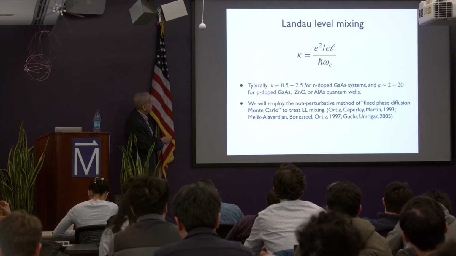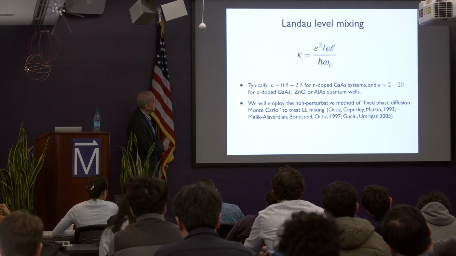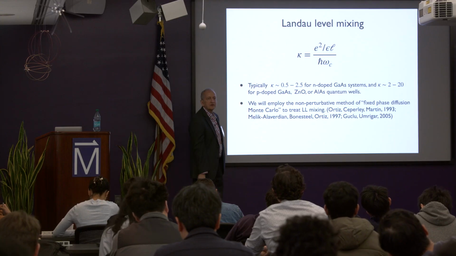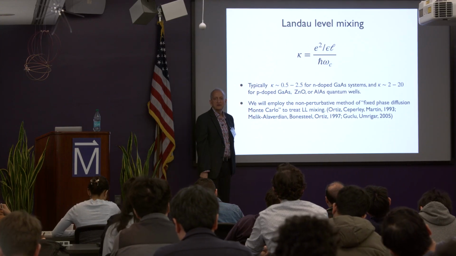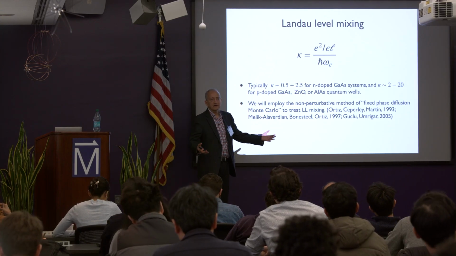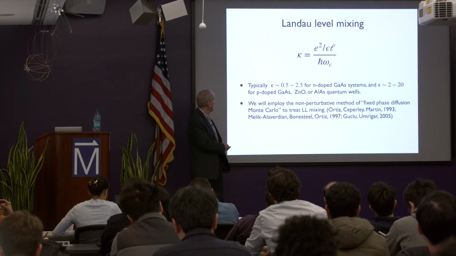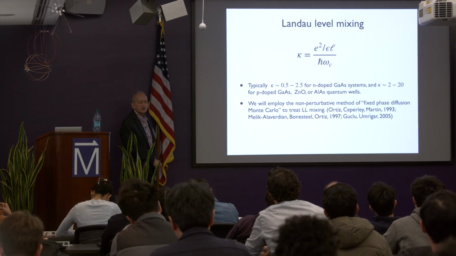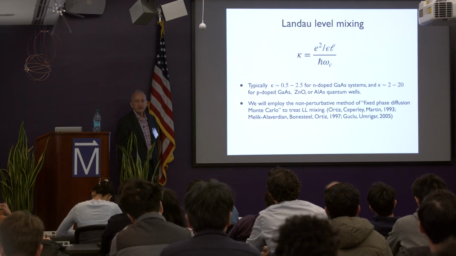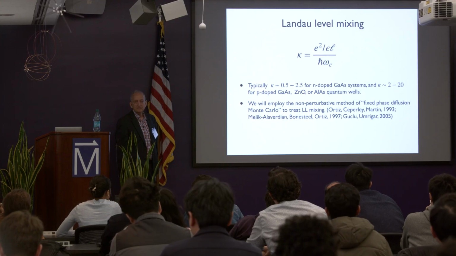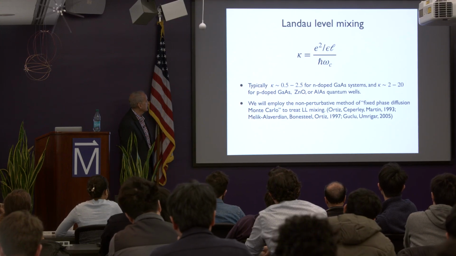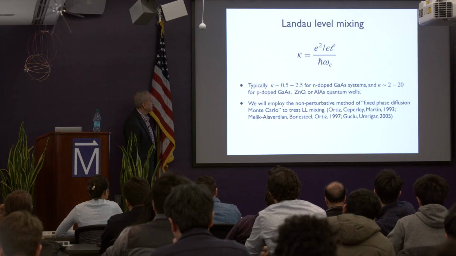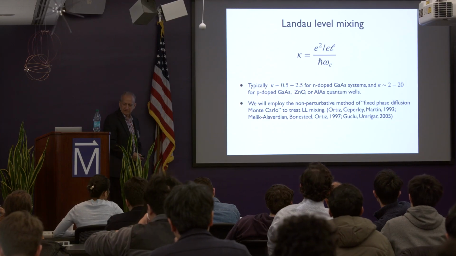In fact, for n-doped gallium arsenide systems, typically kappa is small. It's less than 1. I mean, it's not like very small, but it's certainly less than 1. But in hole type systems, you can have kappa to be pretty large. It can go up to 20. And therefore, you would think Landau level mixing can be quite significant. So how do we take that into account?